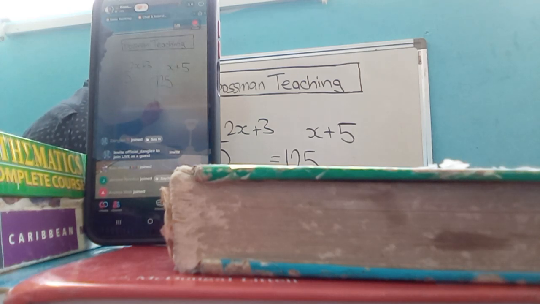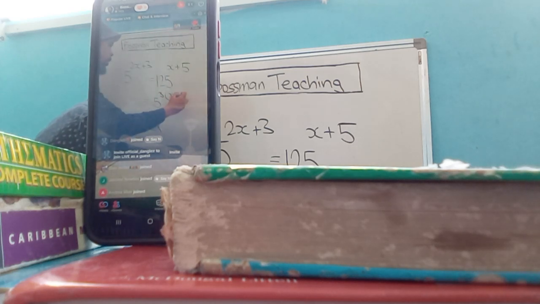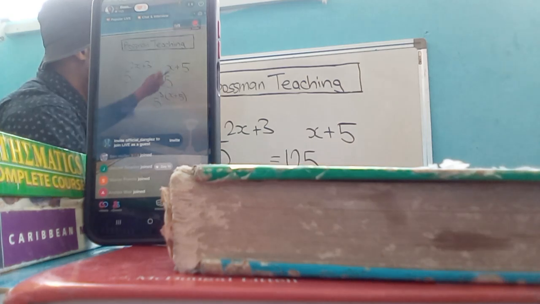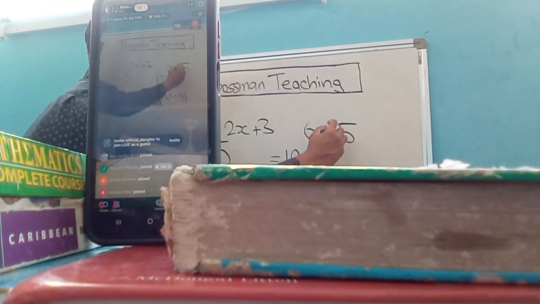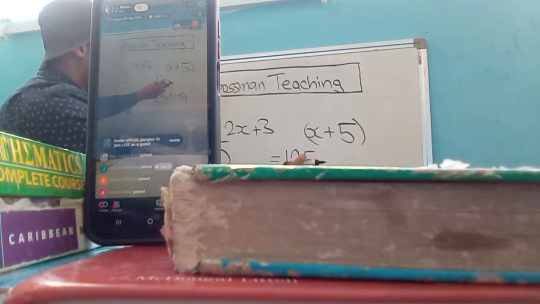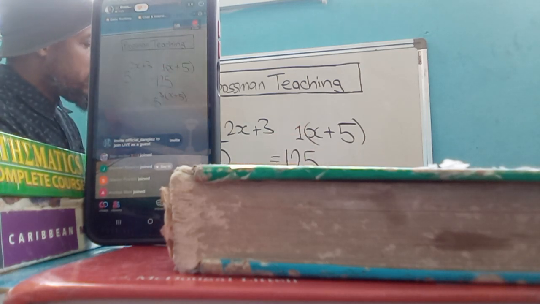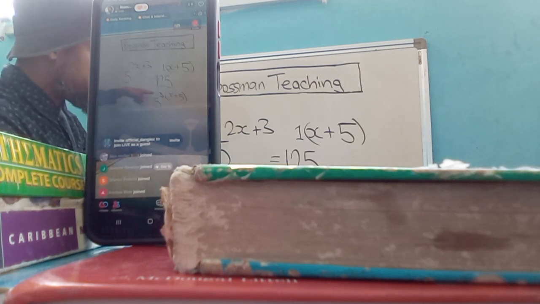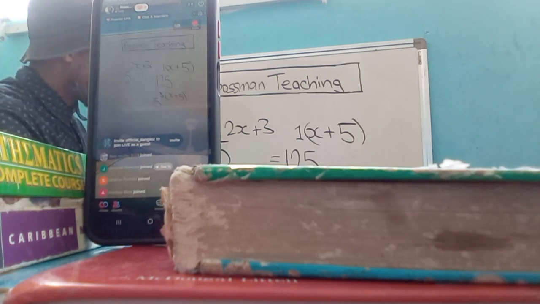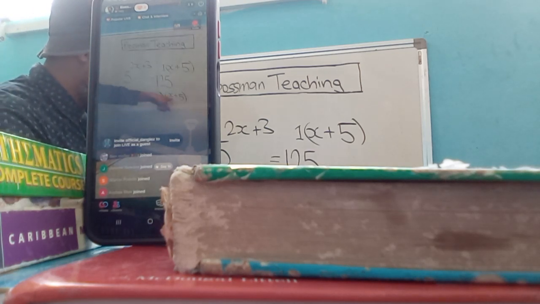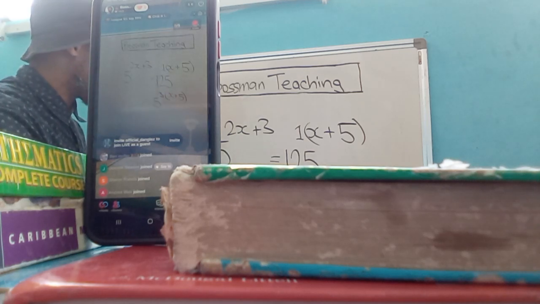So this will be 5 to the 3 being multiplied by this x plus 5 up here. Right? So imagine that this was 125 raised to the 1. But 125 raised to the 1 is the same as what? 5 to the 3. Then now you distribute, that becomes 3x plus 15.